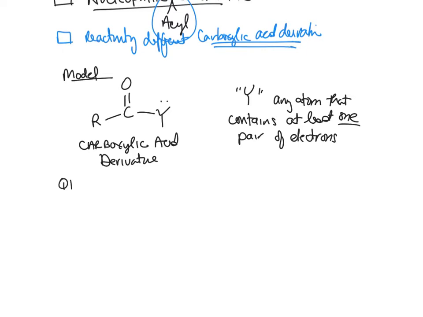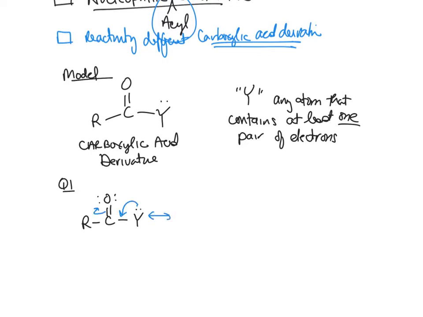So let's do question 1. Consider the carboxylic acid derivative shown in Model 1. Draw 2 additional resonance forms for the carboxylic acid derivative. So when you do this, put in your lone pair on the oxygen. You have 2 lone pairs, and then you have your Y. Now the resonance structure here, this goes to there.